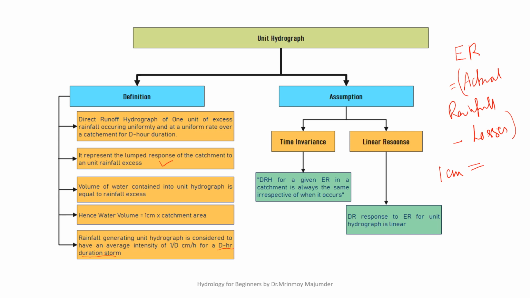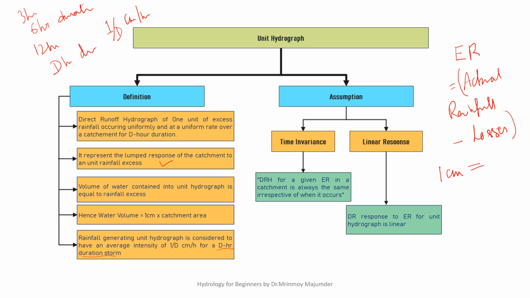When we say that there is a storm of 6-hour duration, or 12-hour duration, or say for example 3-hour duration, or in the standard notation form d-hour duration, then for a unit hydrograph, you can consider that the average intensity of rainfall will be 1 by d centimeter per hour. 1 centimeter is the excess rainfall that has taken place uniformly, as we have already assumed, for d-hour duration.